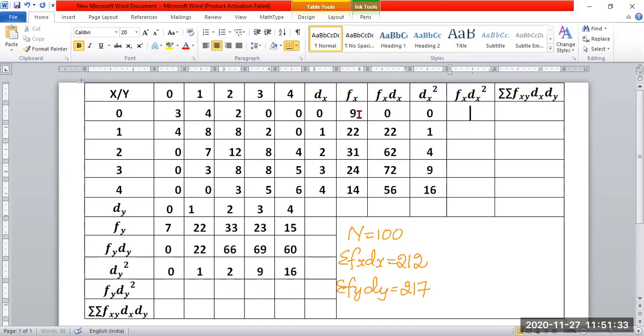Okay, fx is here, dx is here, just multiply. So what we get? 9 into 0, there is a 0. Okay, here we get 0. Next, 22 into 1, 22. Next, 31 into 4, 124.